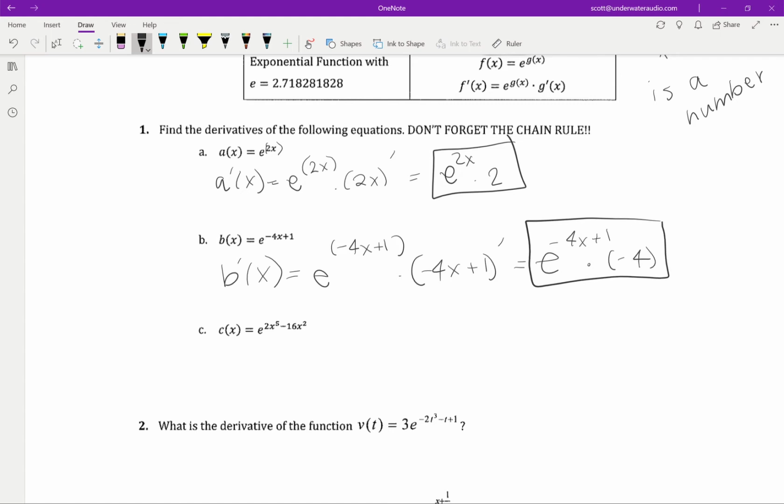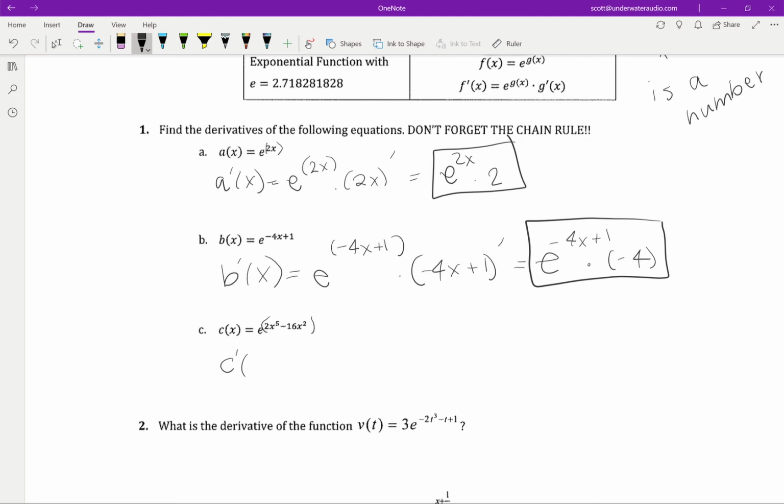Part C, this one is a little more complicated. The exponent is like a 5th degree polynomial. So still though, there's an outside function, that's e to the x, and an inside function, 2x to the 5th minus 16x squared.